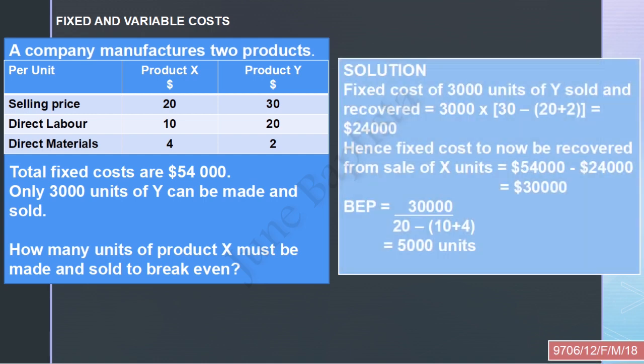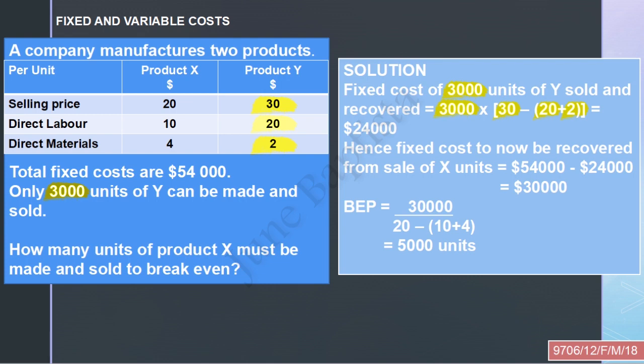Solution: the fixed cost of 3,000 units of Y sold and recovered is equal to 3,000 times $30 selling price minus the variable cost of $20 direct labor and $2 materials to give us $24,000.